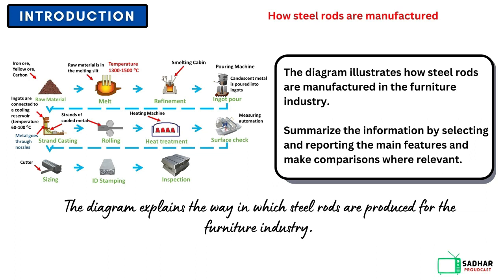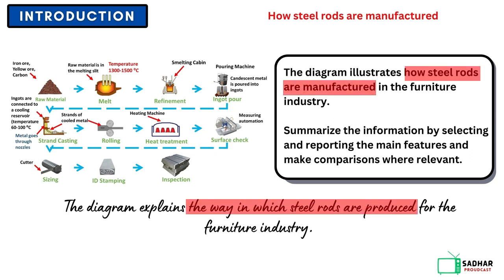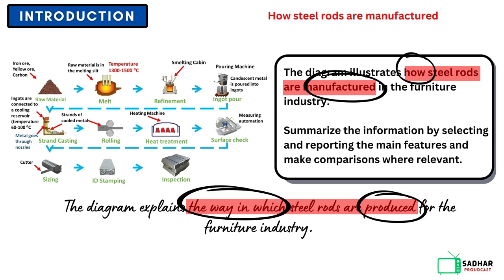Take a look at this clause in the question, and then it is changed in our introduction sentence. In the question we have the word how, and then it is replaced with the way in which. And then there is a word manufactured, and then it is changed into produced.